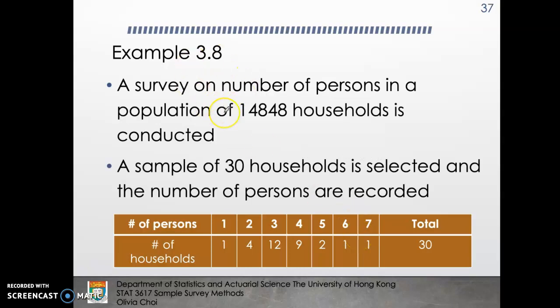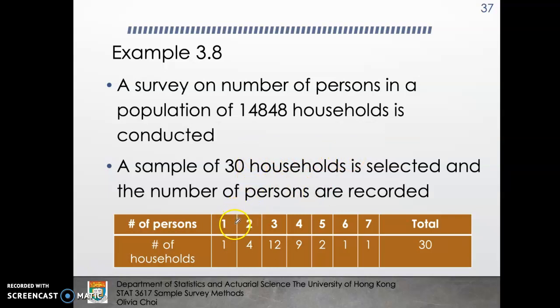Example 3.8, a survey on the number of persons in a population of 14,848 households is conducted. We asked only 30 households how many persons are in their household.